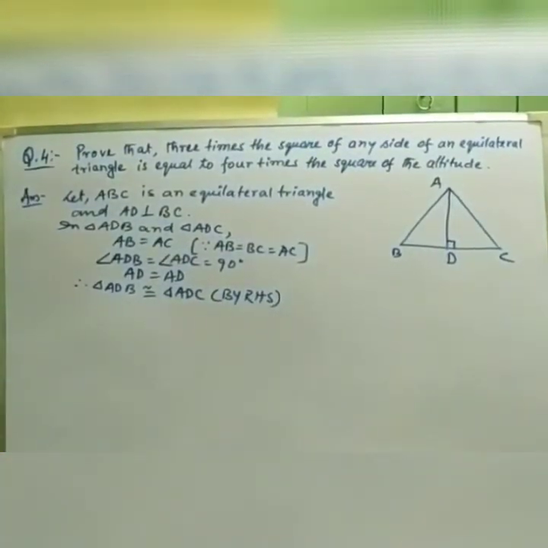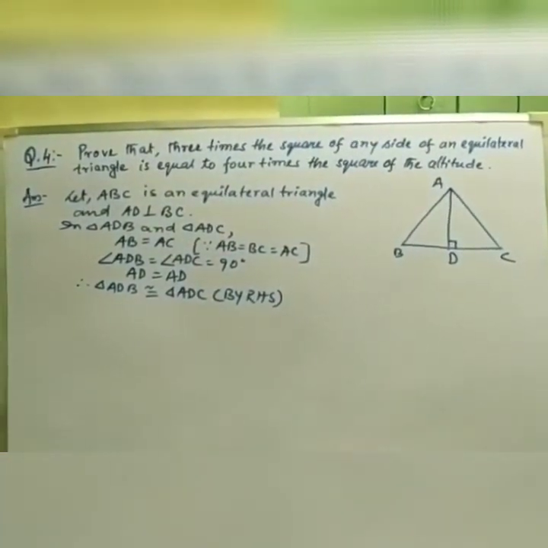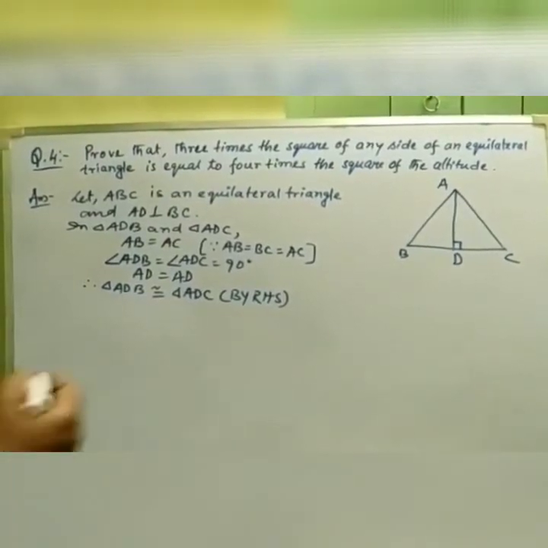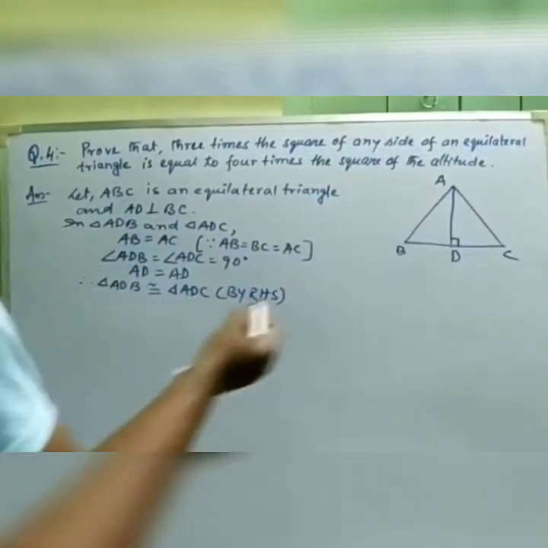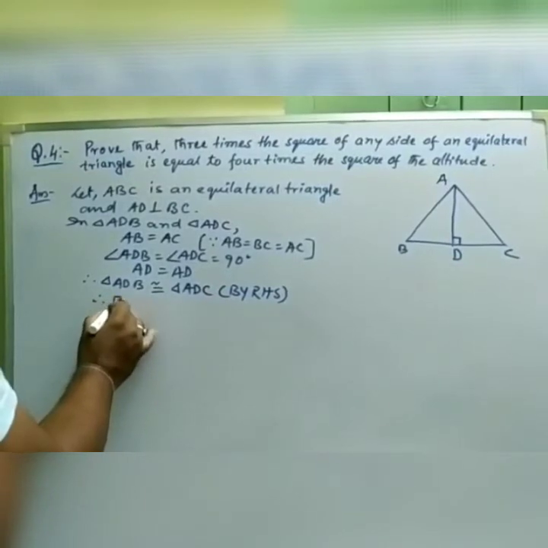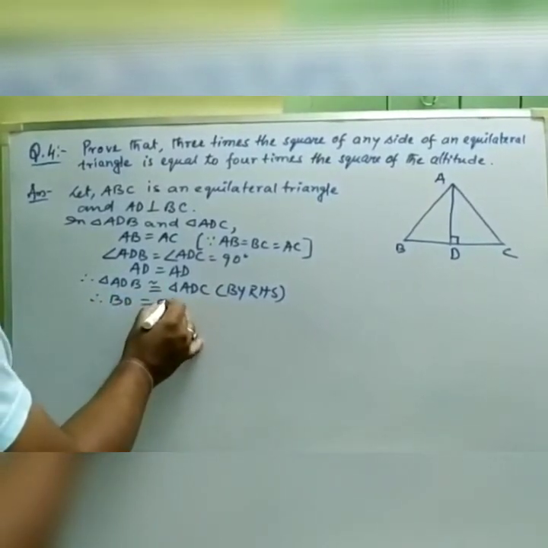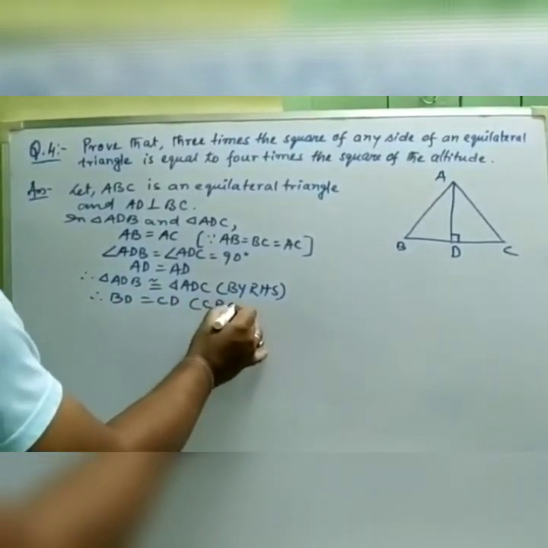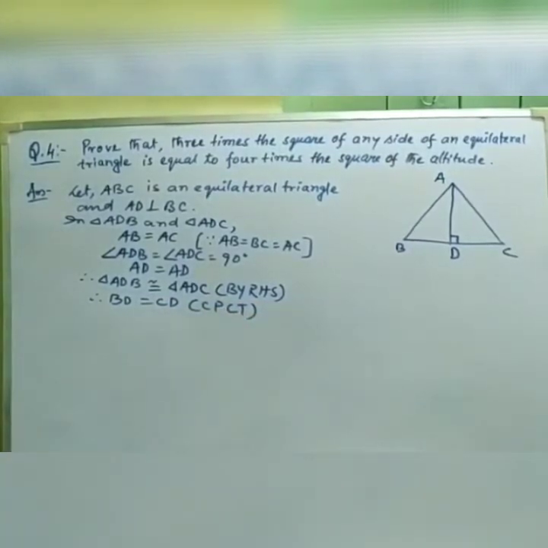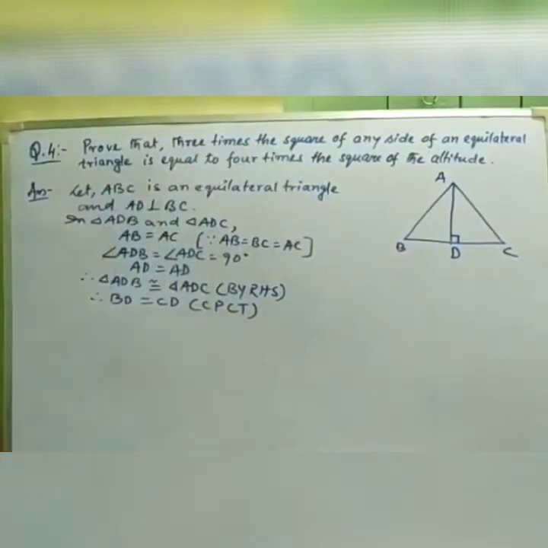So as the triangles are congruent, we can use CPCT, and by CPCT we get BD equals CD. That means D is the midpoint.